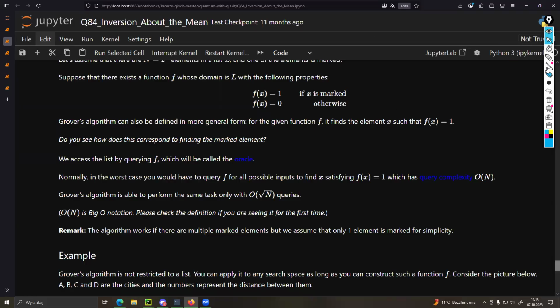And also we established that Grover's algorithm provides a quadratic speedup, which means that we could apply this operation square root of times compared to our search space.